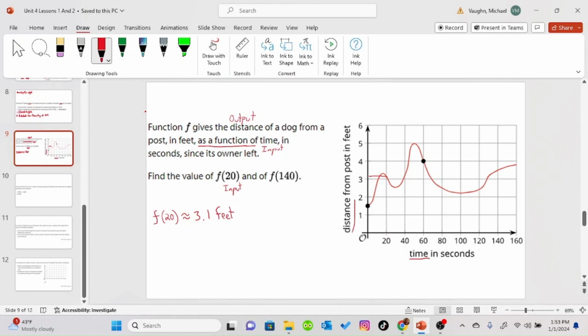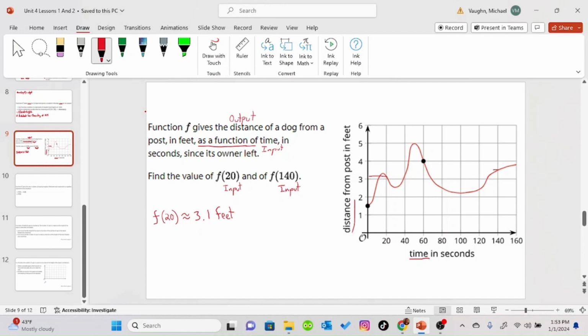Next, they want us to find f of 140. Again, the parentheses gives us our input. So we go over to 140, and then we go up until we hit the line.